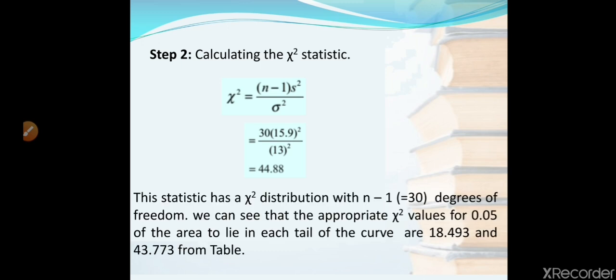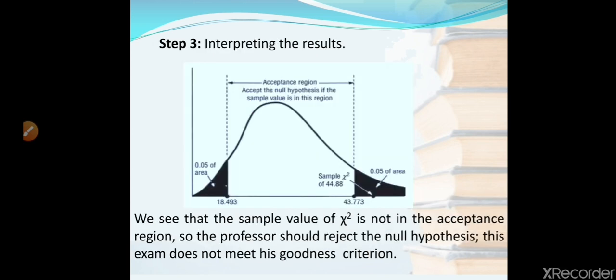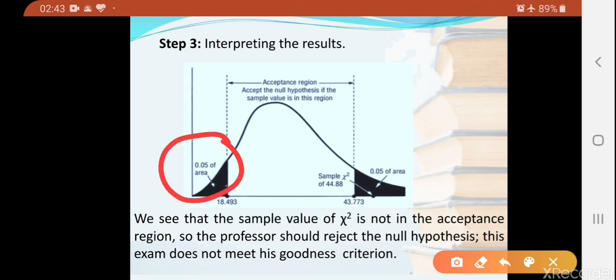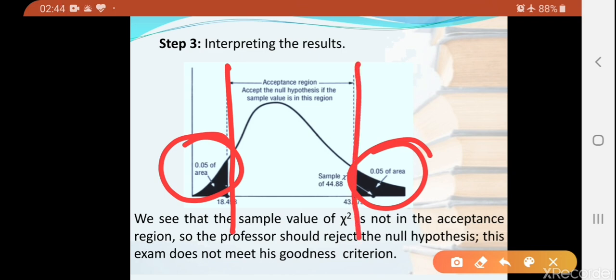So from the table, the sample size is 31, so degrees of freedom is 31 minus 1, that is 30. So from the table for degrees of freedom equal to 30 and 0.1 level of significance for a two-tail test, it means 0.05 of area on one side and 0.05 of area on the other side, and in between is the acceptance region.